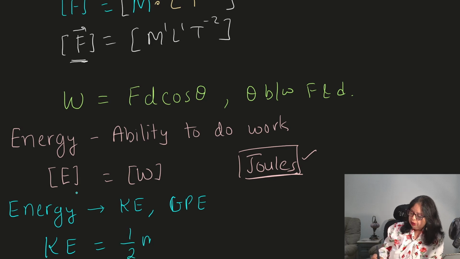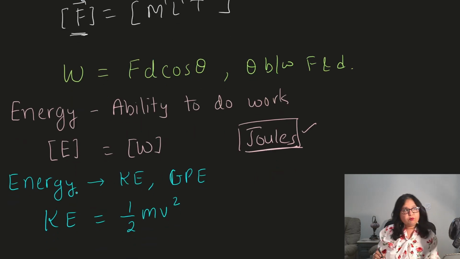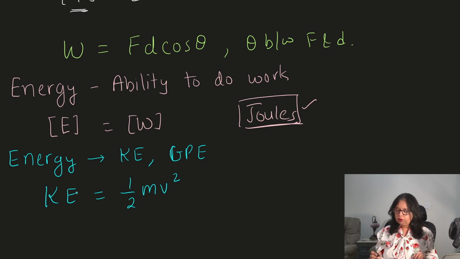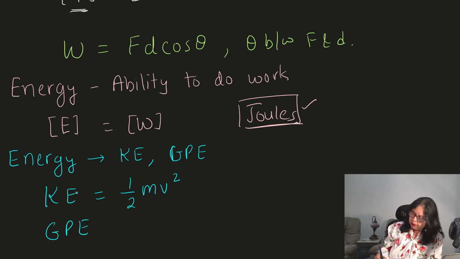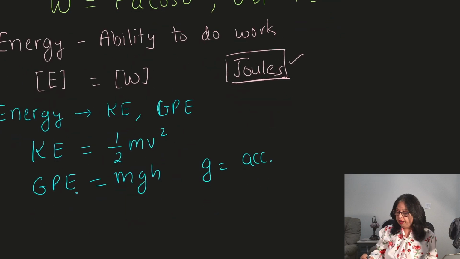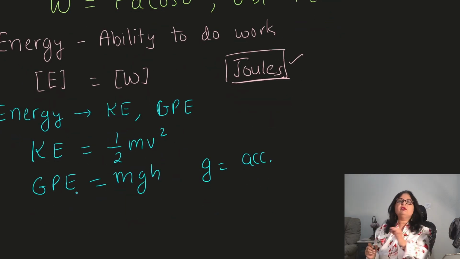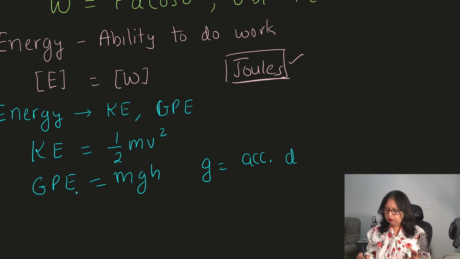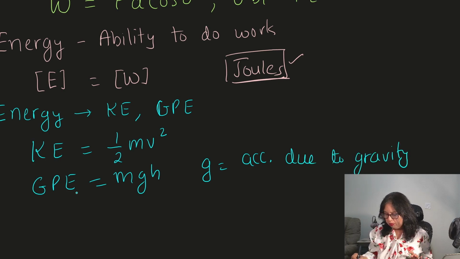Kinetic energy, do you know it's 1/2 mv squared, the formula? Hopefully you do know that. And gravitational potential energy is mgh, where g is acceleration due to gravity. Normally people will write a_g, which means acceleration due to gravity.